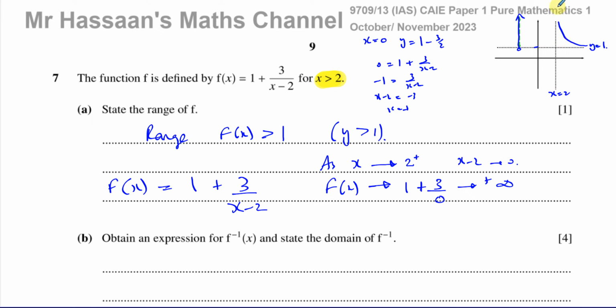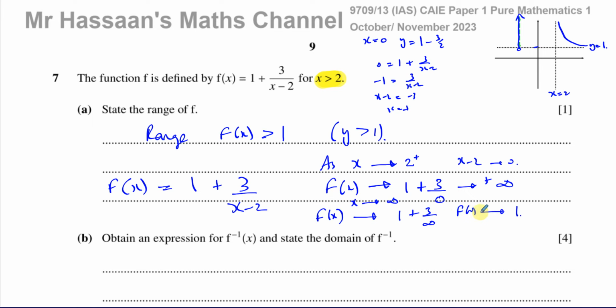And as x approaches infinity, because x can go on infinitely, f of x approaches 1 plus 3 over infinity, which is basically 0. So f of x is going to approach 1, but from the positive side, from above 1.